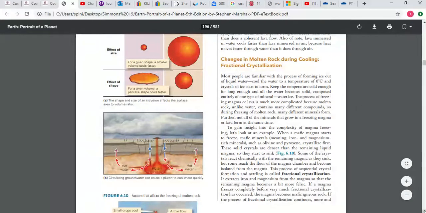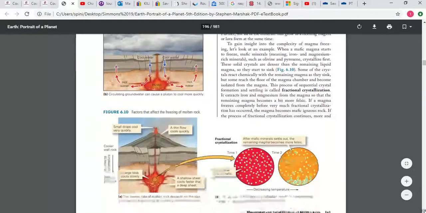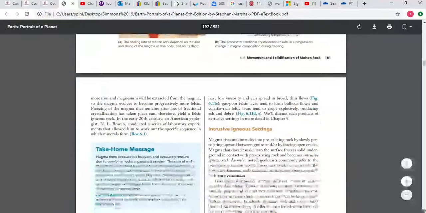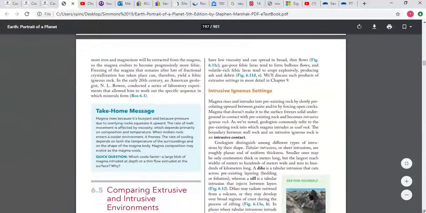So that's where this crystallization gets kind of interesting, because not only can it tell us what chemicals and what minerals are in the rock, but it can also tell us kind of where that rock became a rock. You could almost argue that a rock that has larger crystals, where the rock cooled slowly, was probably deeper in the earth, wasn't it?